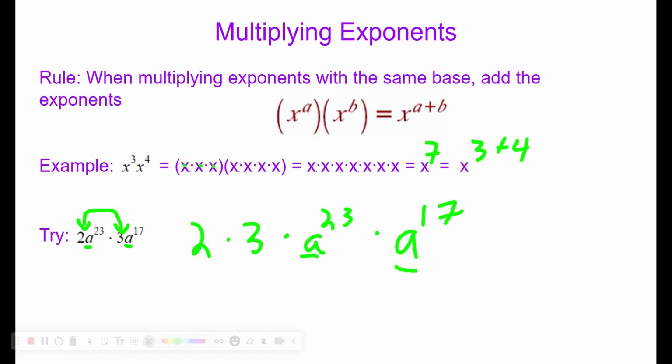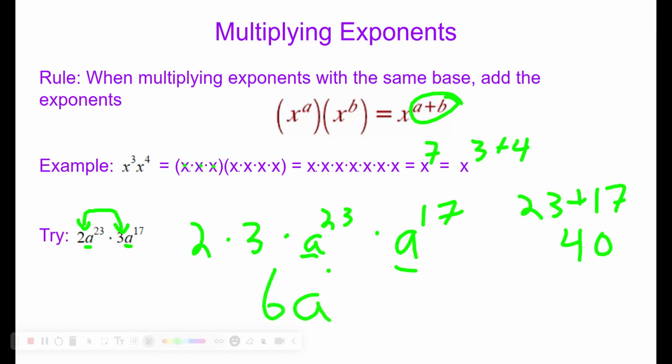These bases are the same, so we can use this rule up here. 23 plus 17 equals 40. 2 times 3 is 6. Keep the base the same, and we end up with 6 times a to the 40th power. So we're multiplying exponents. If the bases are the same, we can simplify it from there.